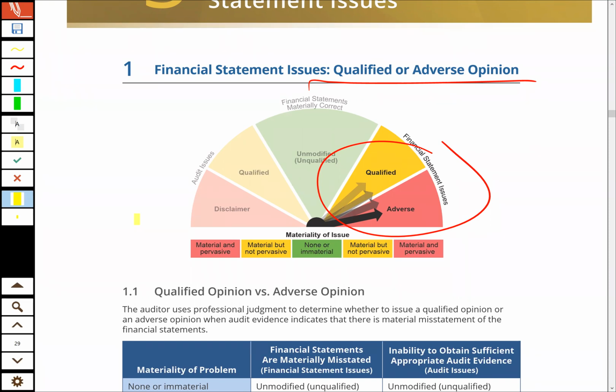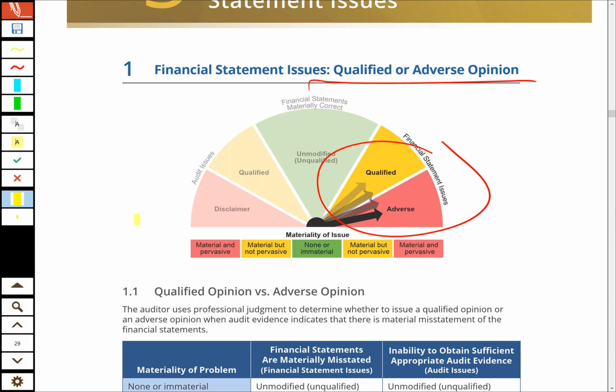If it's unmodified, that means it's the happy situation for the non-public companies. If it's unqualified, that's the happy situation for the public companies, right? Yeah. Okay. And then as you go this way, we'll start with the GAAP problems.